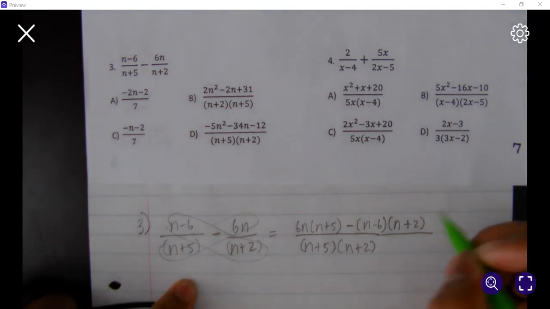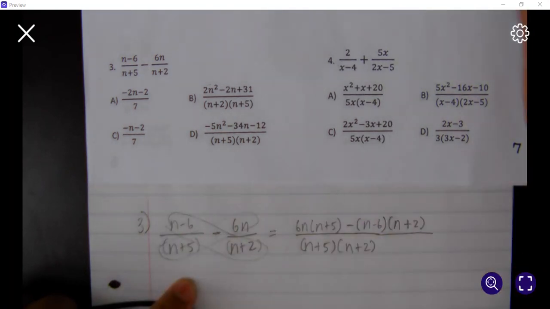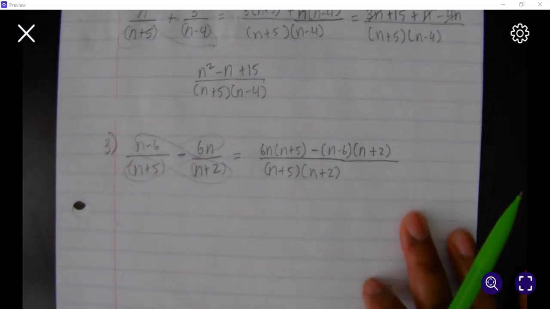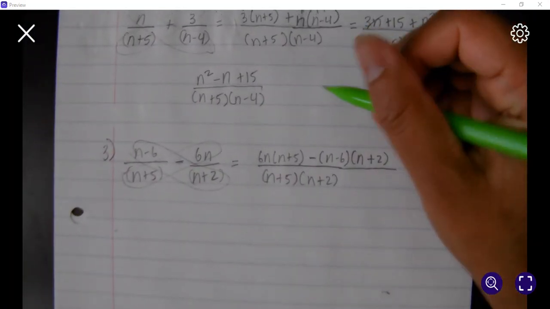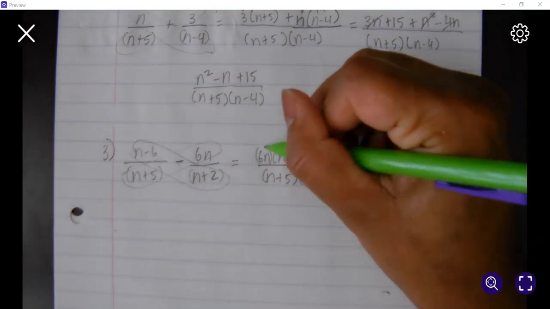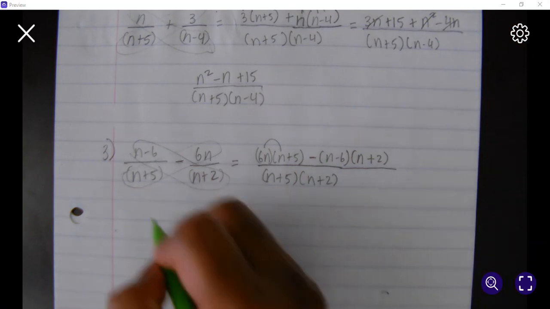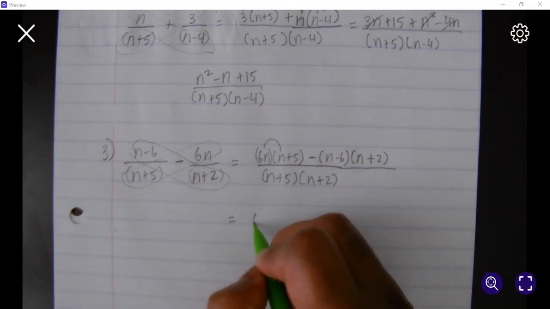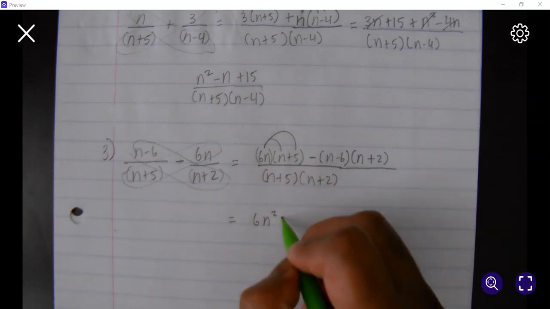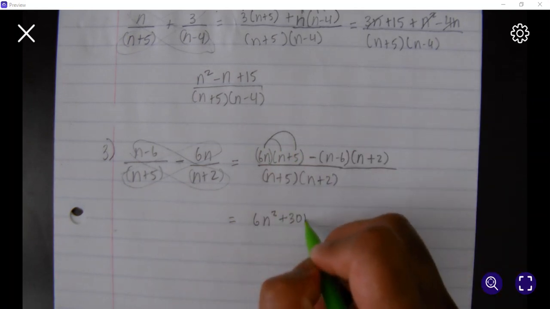Okay, so I don't see that answer here, so I'm going to go ahead and keep simplifying this. So over here, let me go ahead and multiply these two right here. So you have 6n times n, which is equal to 6n squared. 6n times 5 is equal to 30n.